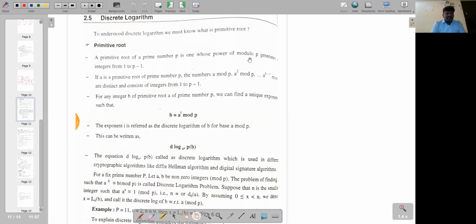Okay. So in today's session, I'll be discussing an important concept which is primitive root, which comes under the discrete logarithm. The first thing is that a primitive root of a prime number p is one whose powers modulo p generate all integers from 1 to p minus 1.